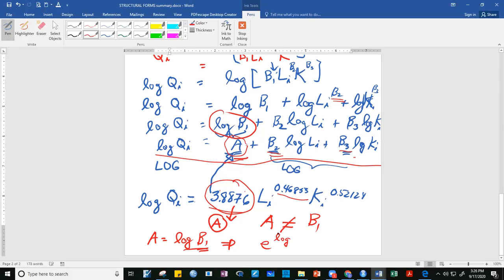So magiging e to the log B1 is equal to e to the A. Okay, then remember, exponential and log are inverse functions, kaya magka-cancel tong dalawang to. Magiging B1 na lang yan. So B1 is equal to e to the A. Okay? Nakikita nyo ba guys?